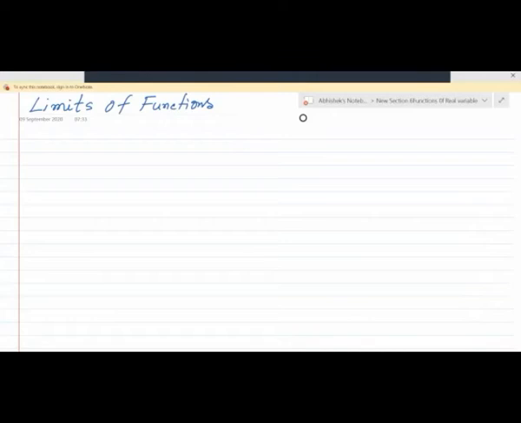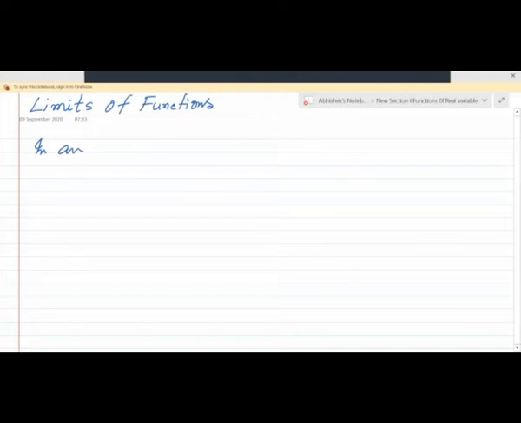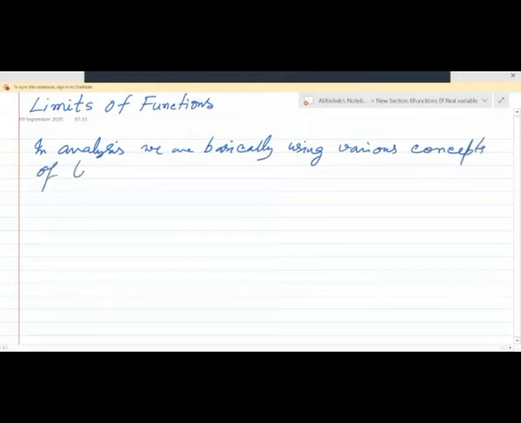Let me start with the discussion of limits of functions, right? So in analysis, the area of mathematics in which we are using various limiting concepts, we are basically using various concepts of limits.